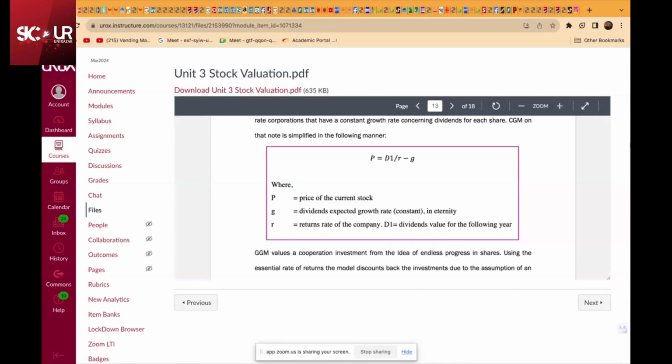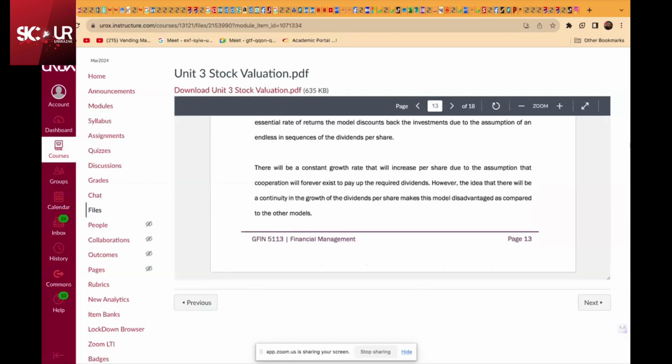values a corporation's investment from the idea of endless progress in shares. So using this essential rate of return, the model will discount back the investment due to the assumption of the endless sequence of the dividend per share.